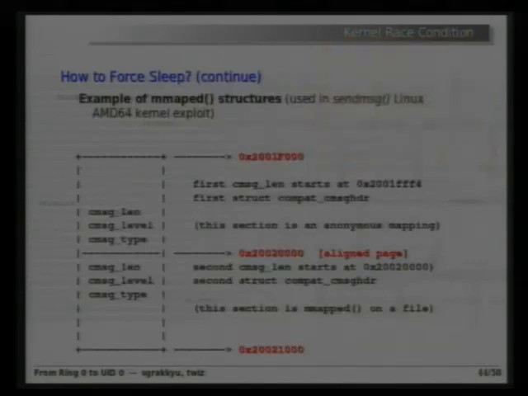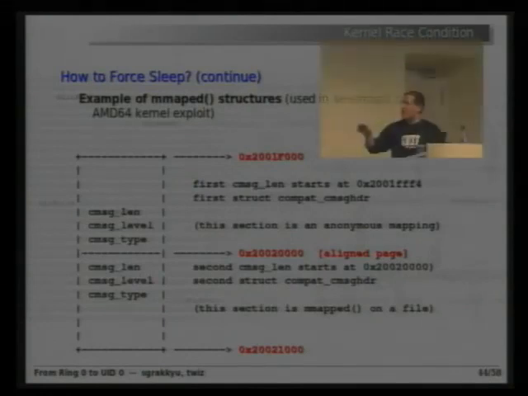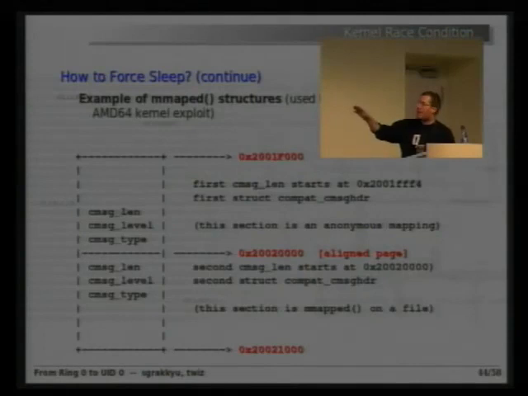This is an example of a payload in memory. In this case, we use this payload in exploits for the AMD64 kernel on Linux. In this case, we also need the fault to happen exactly at the precise address. Then we have to align the address of the second structure to the clustering value, as you saw before.